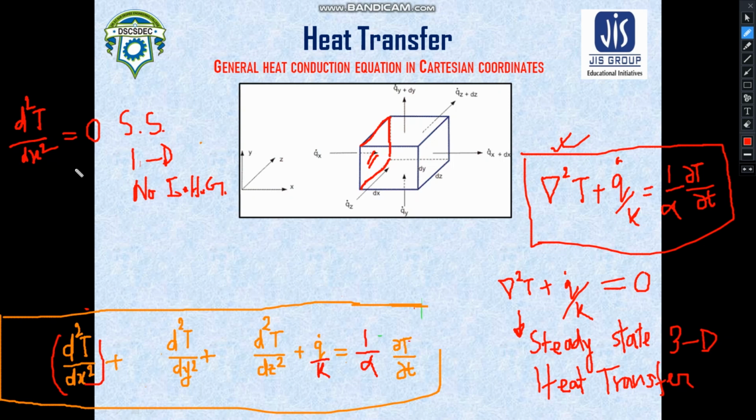You have to first understand what are the energy inputs, then you have to understand what are the energy outputs, then you have to consider if there is any kind of heat source present within the system.